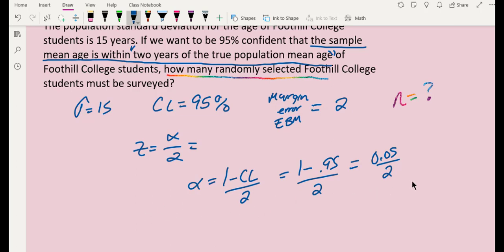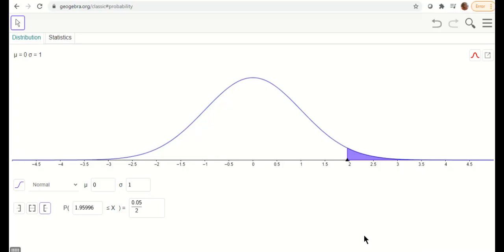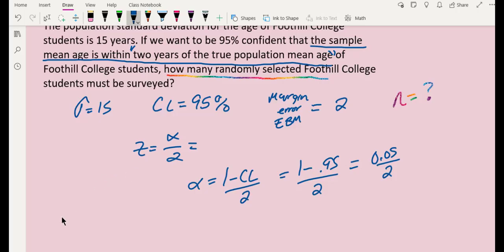When we plug that into our GeoGebra, we see that our Z-score is 1.9595. With our Z now equaling 1.96, just to have it as a shortcut, we can plug it into our formula.